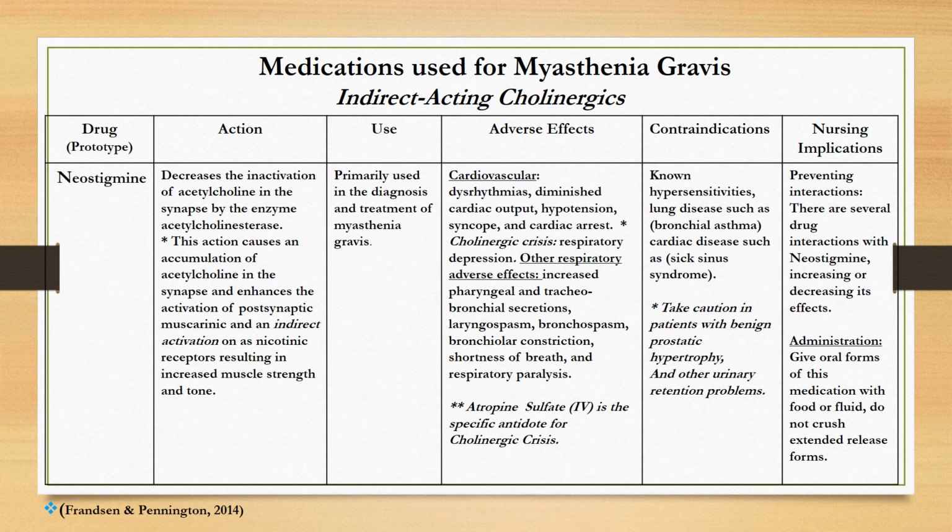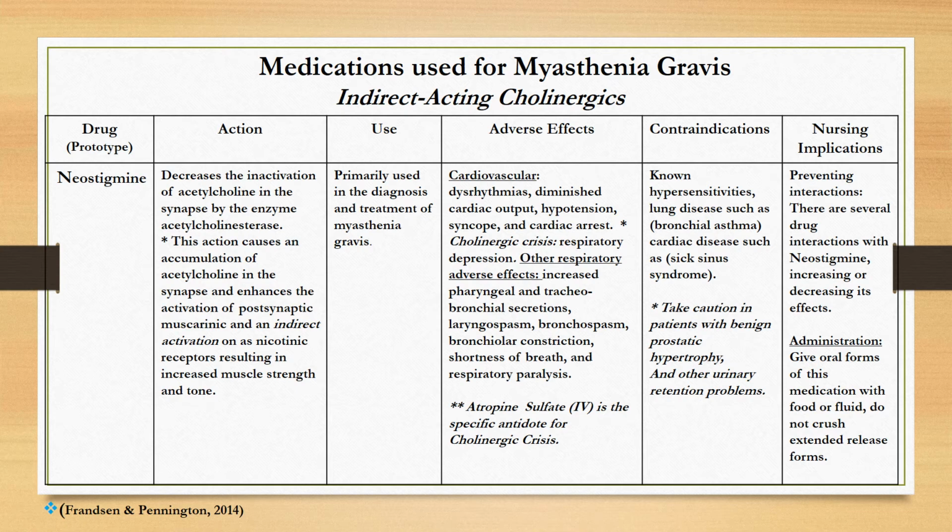Okay, so let's talk about them specifically. The neostigmine is an indirect acting cholinesterase inhibitor. Again, it decreases the inactivation of acetylcholine by affecting that enzyme acetylcholinesterase.